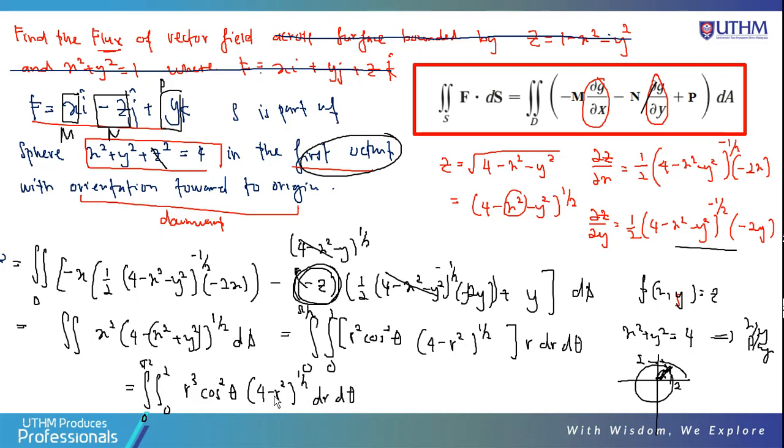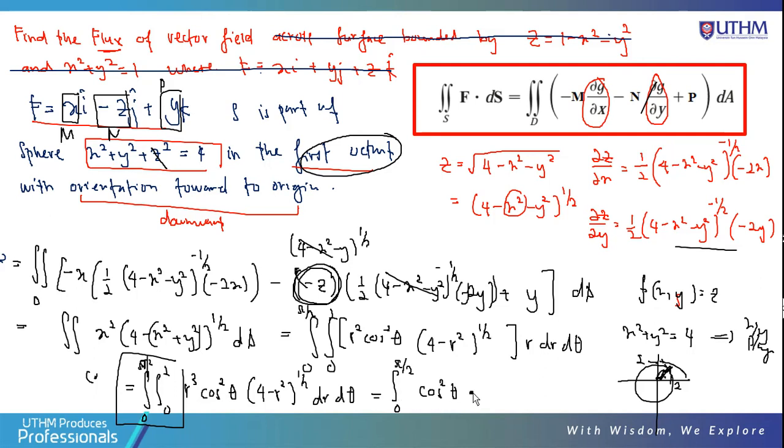So this is in product form. So you look at the limits, they are constants, pi/2 and 2. So when they are constants, don't get confused, you can split it. Okay, be careful with this. I just remind you several times. So when you look here, it is only applicable when the limit is a constant. So you can split for 0 to pi/2, cos to the power 2 theta.